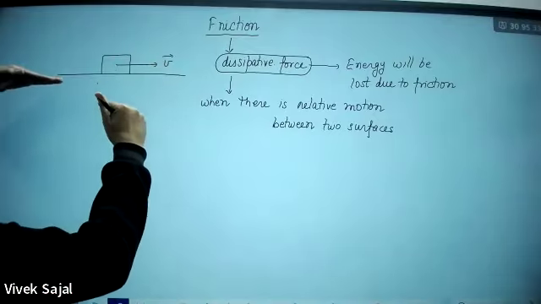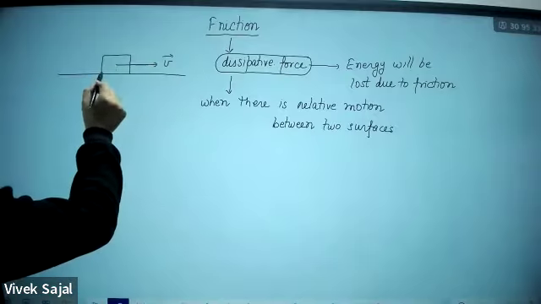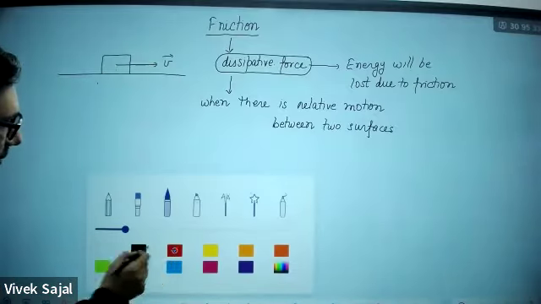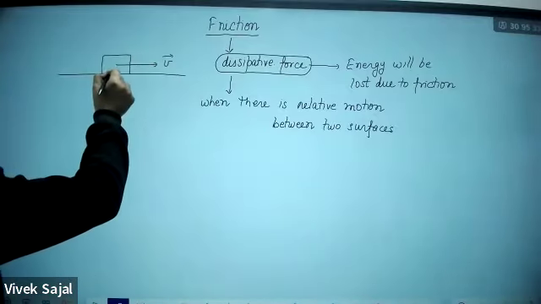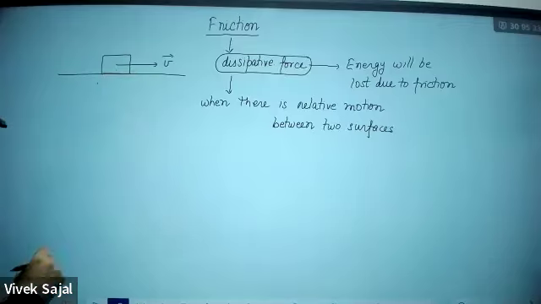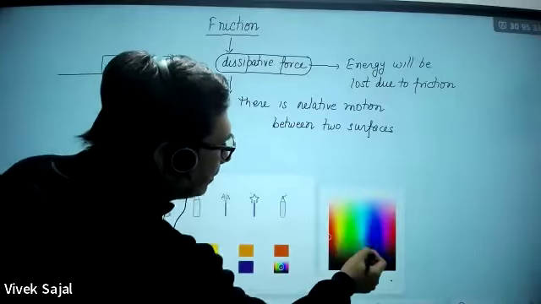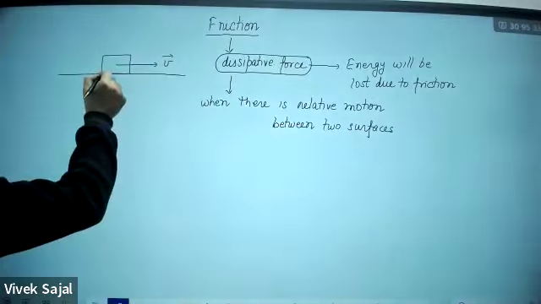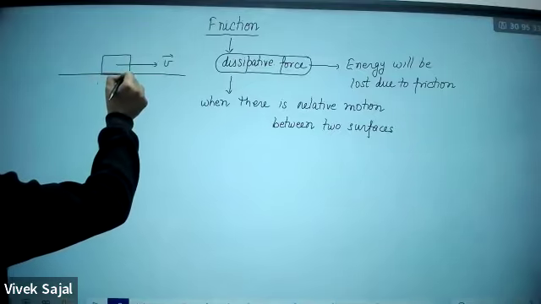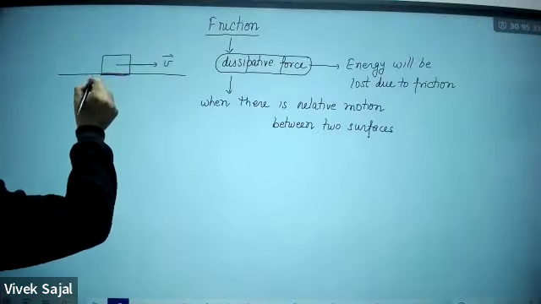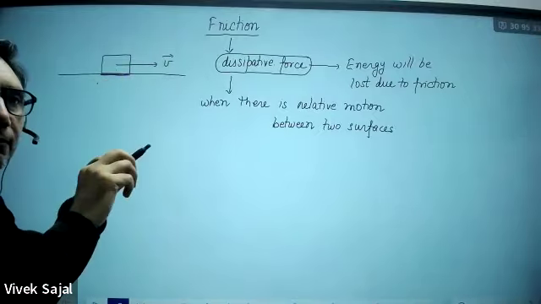So due to the relative motion between the lower surface of this block and the upper surface of the ground, there is a relative motion between them.